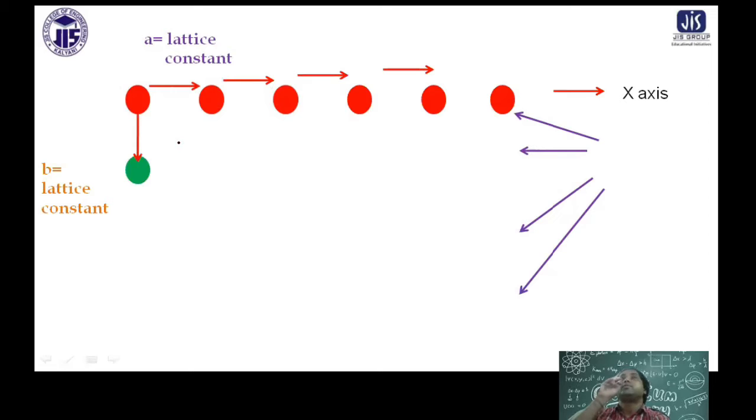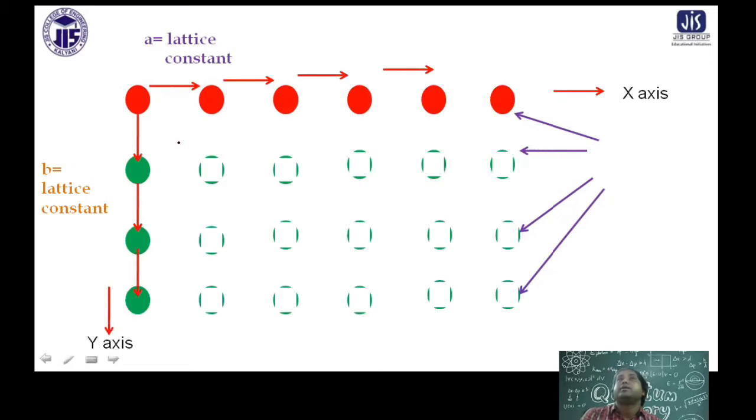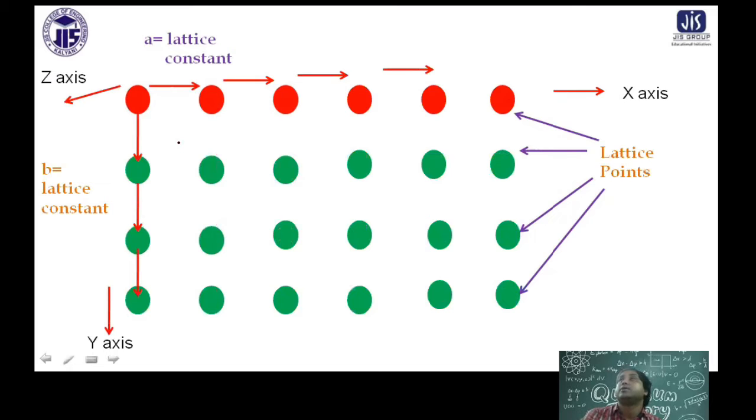So these are the lattice points. Each red ball is a lattice point, and they are repeated along x direction and ultimately form the entire crystal lattice. They can repeat in the z direction also, which I have not deliberately mentioned.